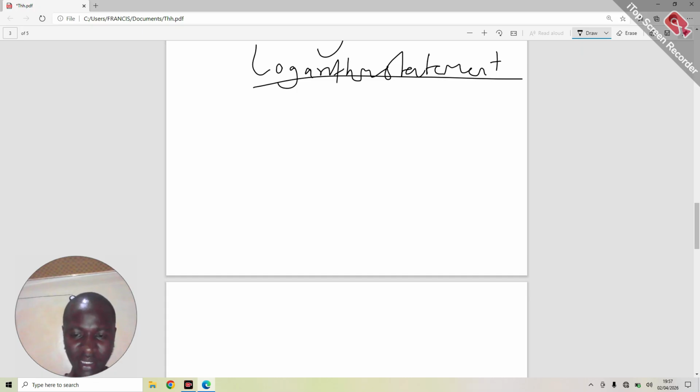Remember, I want you to get me clearly. Way number one is a logarithm statement or the substitution log. What does logarithm statement or substitution log mean? Logarithm statement, just from itself, is something that is a statement. It is written.